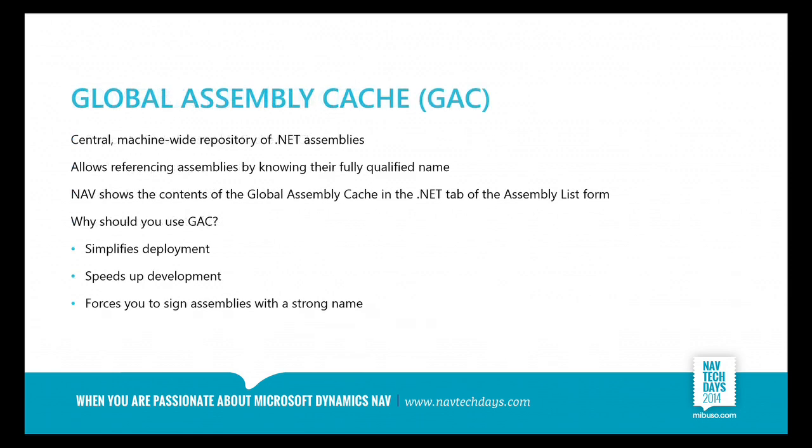First, Global Assembly Cache, or GAC. This is a machine-wide repository of assemblies, and it essentially solves several problems with deployment of DLLs that were commonly called DLL hell in the old days of automation and Win32. So to put an assembly into Global Assembly Cache, you need to sign it with a strong name.